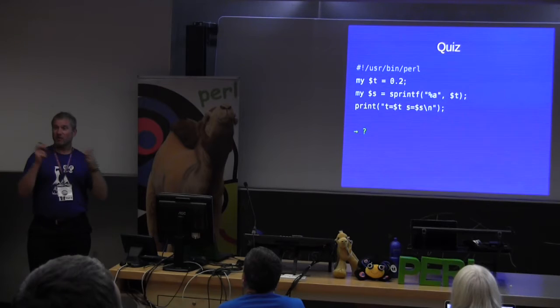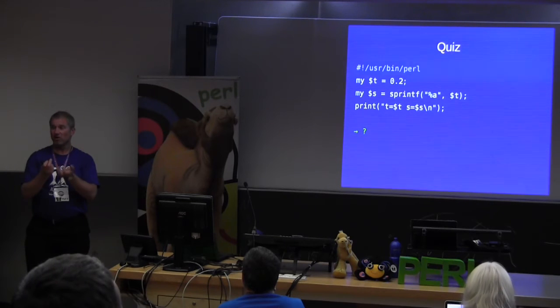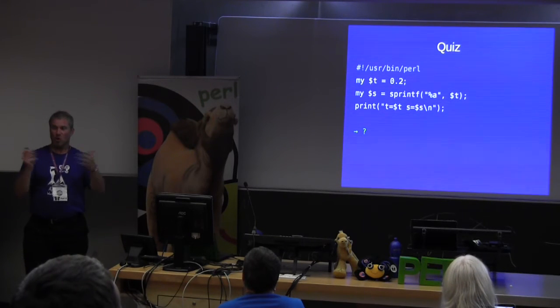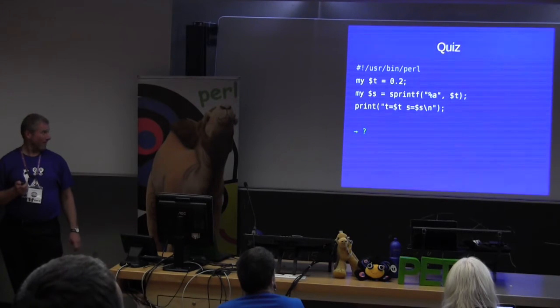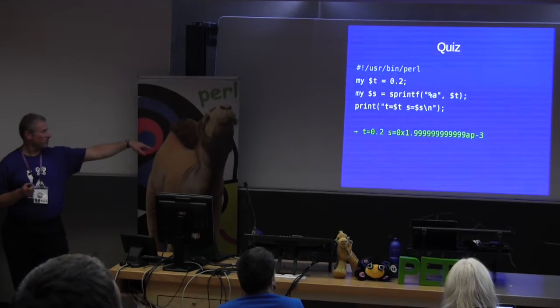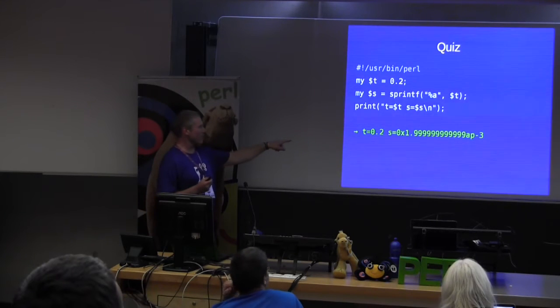It prints the floating point representation, but in hex, so it shows its internal representation in a human readable way. The T is 0.2, that's the same. And then what it internally has is 1.99999.